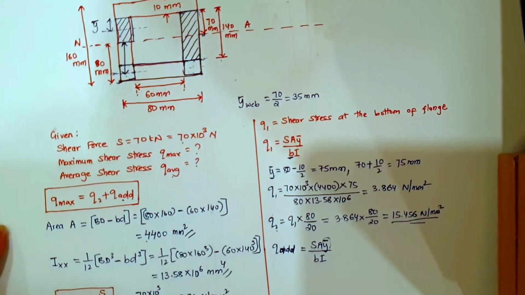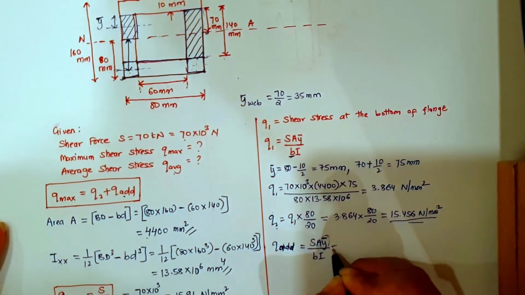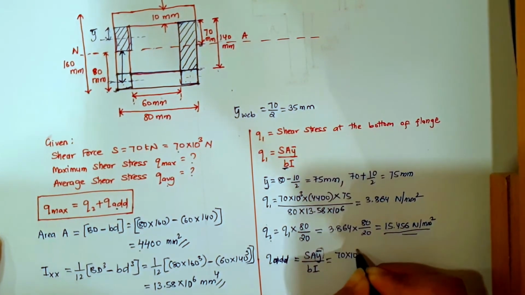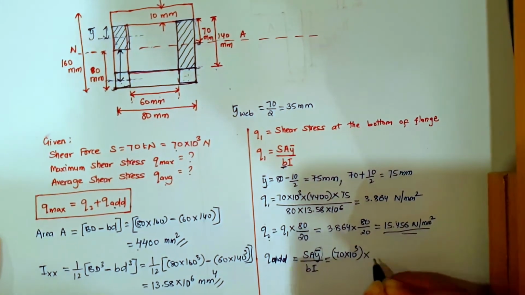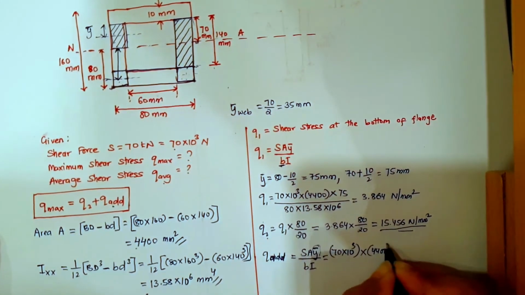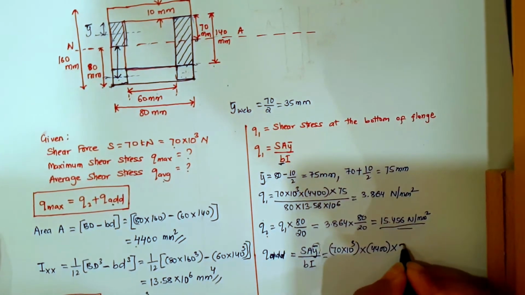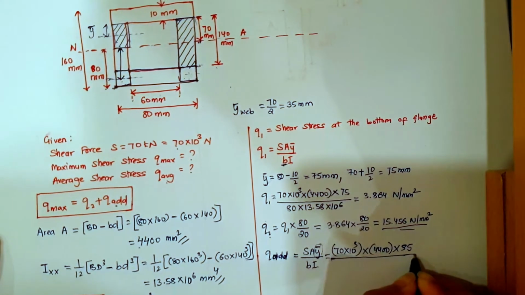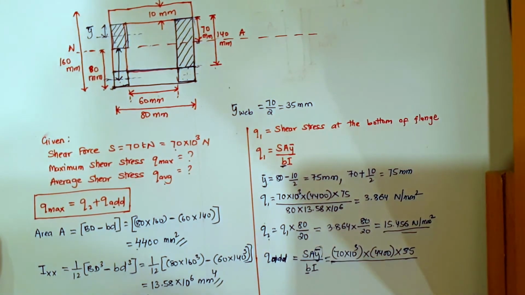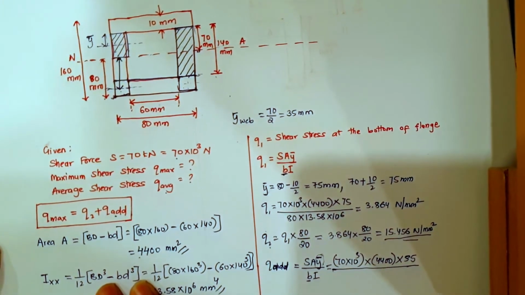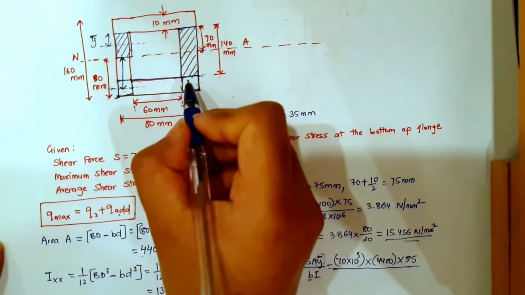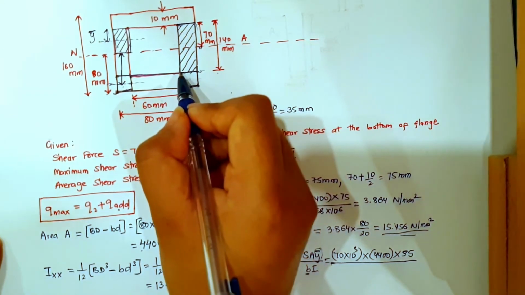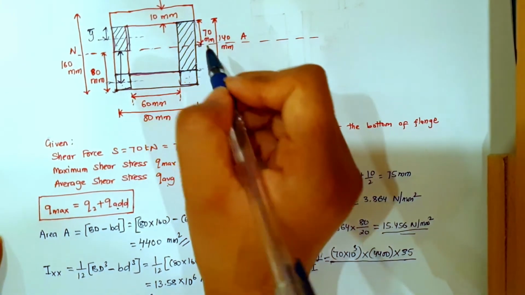So now let us find Q additional here. Q additional will be S is 70 into 10 raised to power 3, into area is 4400, into y bar is 35 for the web portion, divided by B. Now how much will we take B for this web portion? From here to here it is 10, right?